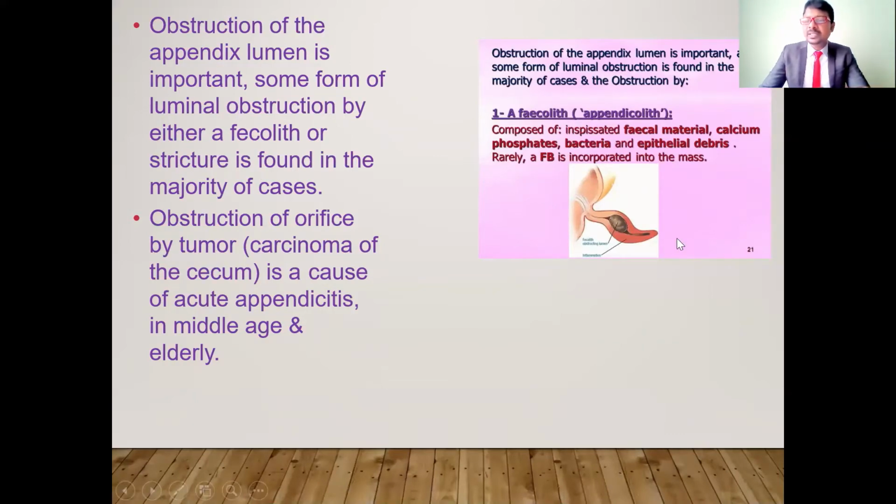The obstruction may be fecal matter, that is, waste material, and also calcium phosphate, bacterial and epithelial debris. Any waste material obstructing the appendix gives acute appendicitis. Or in case of carcinoma in the cecum, there may be a chance of acute appendicitis.